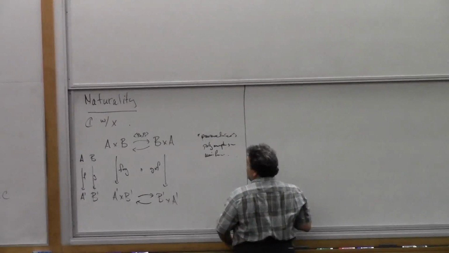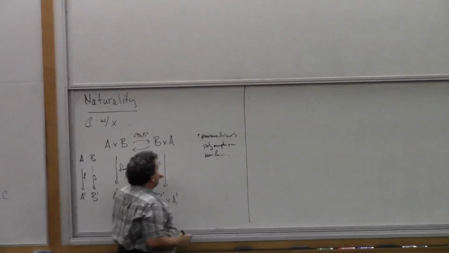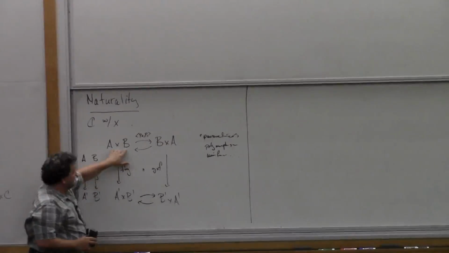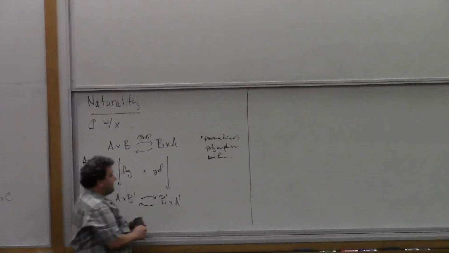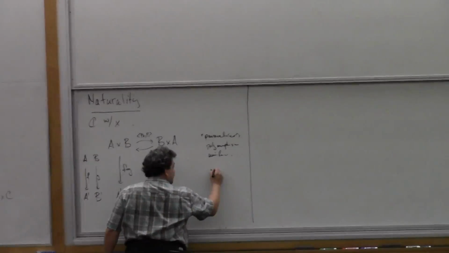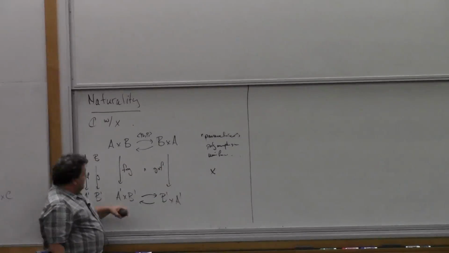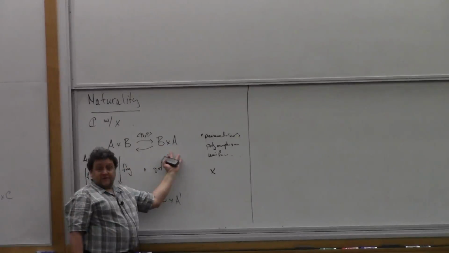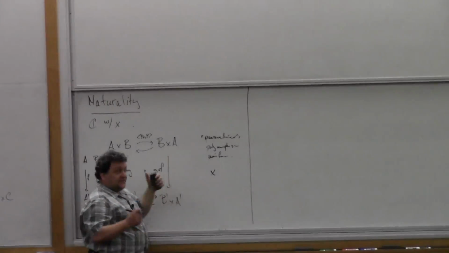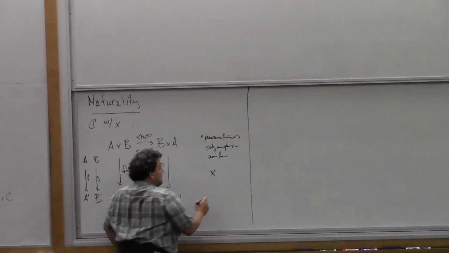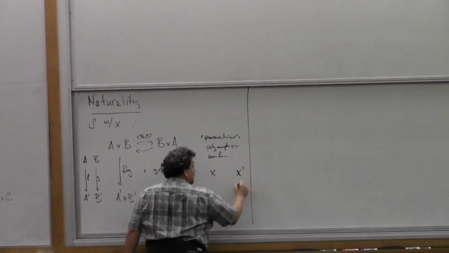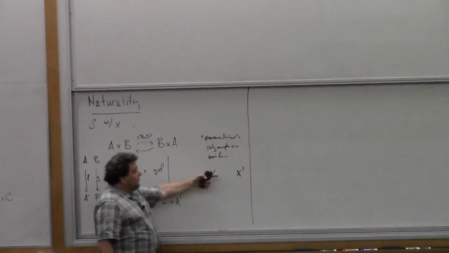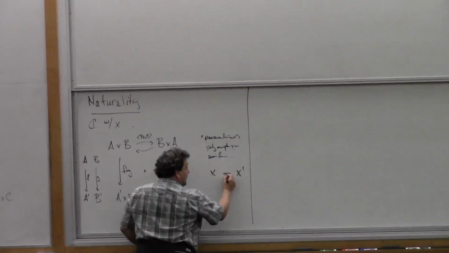So what's really happening is, maybe before I give you the general definition, let's look at it in this special case. This is a functor in two arguments. It's the product functor. And this is another functor in two arguments. It's the twisted product functor. It takes the first argument and puts it in the second place. And now what we're saying is these two functors are isomorphic as functors.